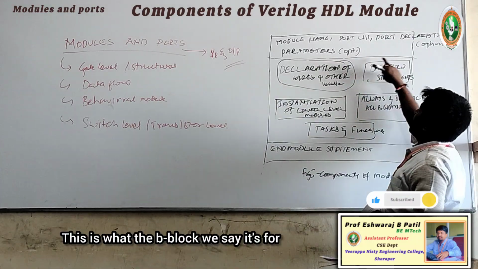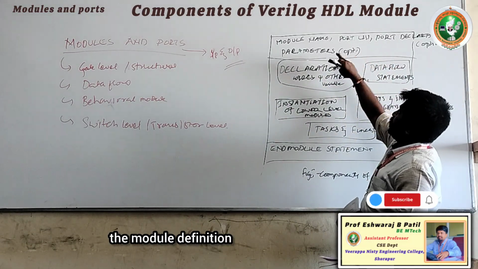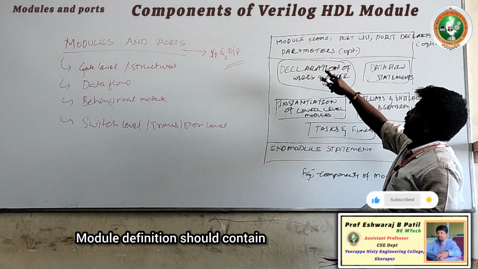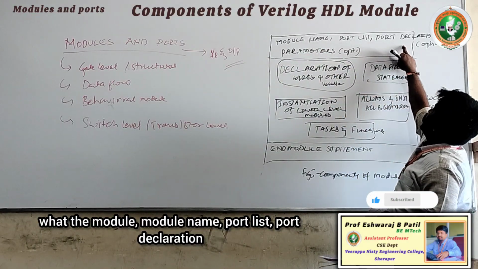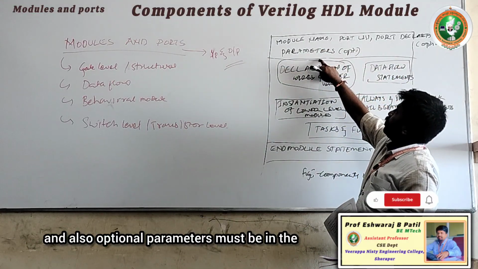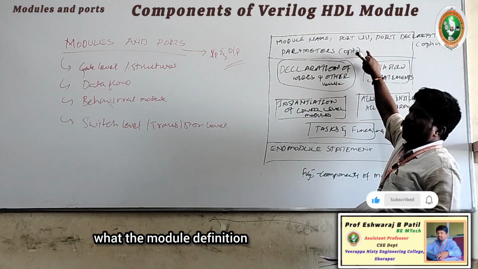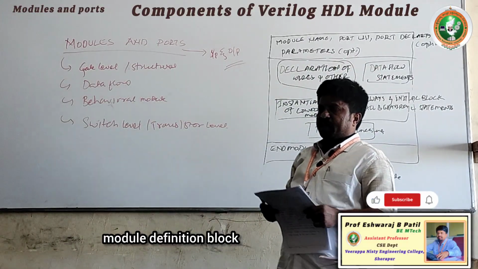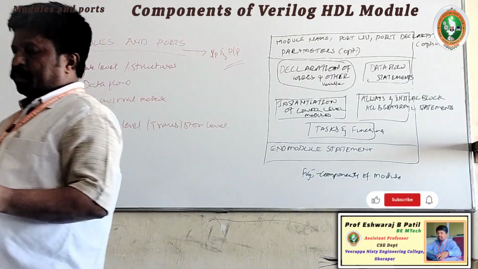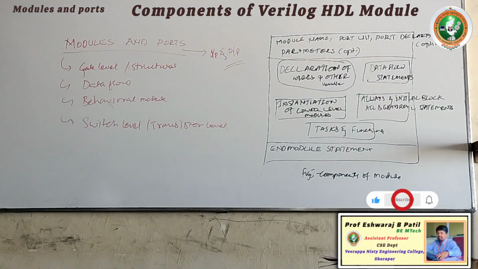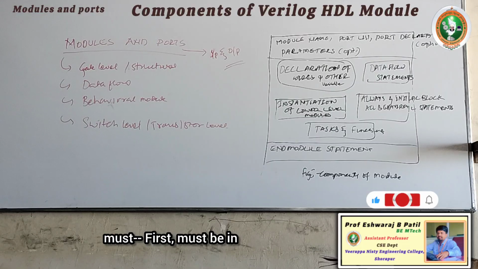This is the block we call the model definition. A model definition should contain the model name, port list, port declaration, and also optional parameters must be in the model definition block.